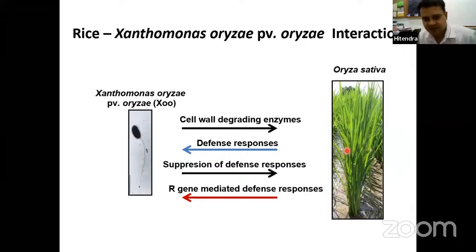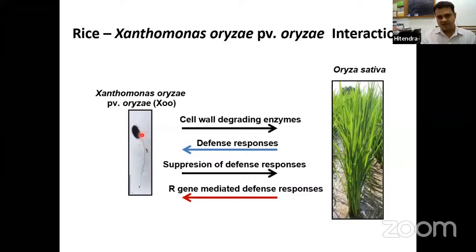So in this interaction, we have studied in more detail how this bacteria causes disease in rice plant and how rice plant tries to defend itself. So there are four levels of interactions. Okay, so this is a single bacteria. This is an electron microscopy image of a bacteria of Xanthomonas.